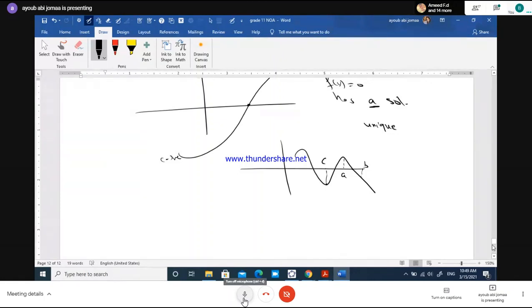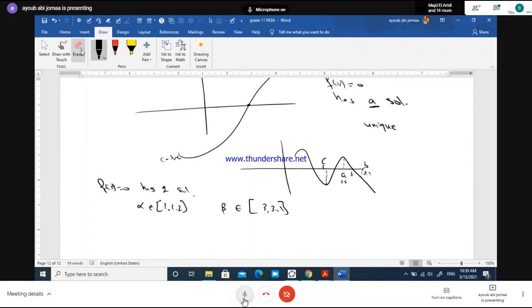ممكن يقول لك مثلا prove that the equation f of x equals 0 has two solutions. اول واحد alpha belongs to the interval 1.2 and the second solution belongs to the interval 3.1 مثلا. يعني بين 1 و 1.2 واحد ثاني مثلا بين 3 و 3.1. اوكي طيب.